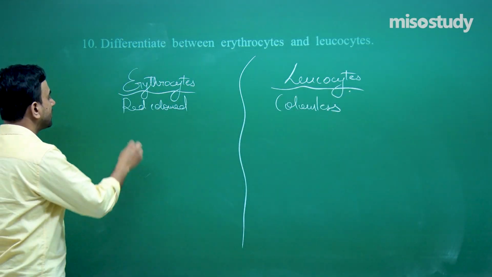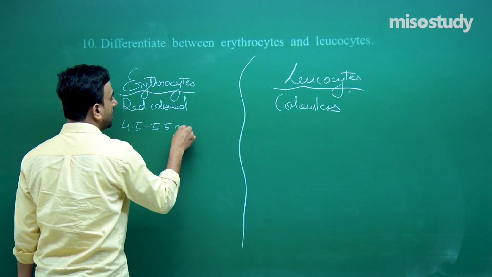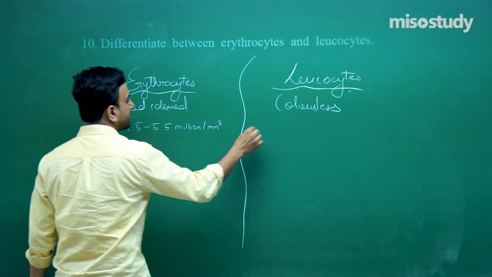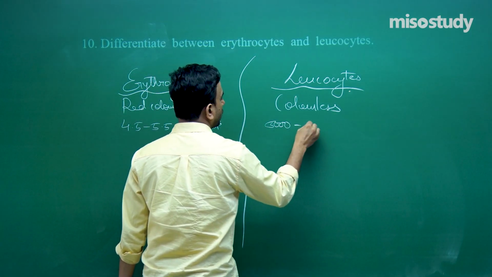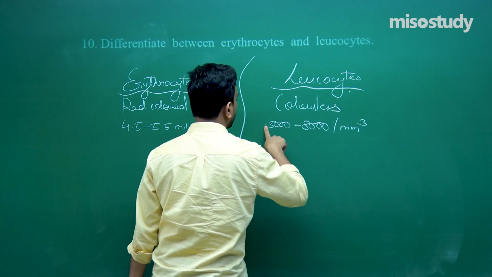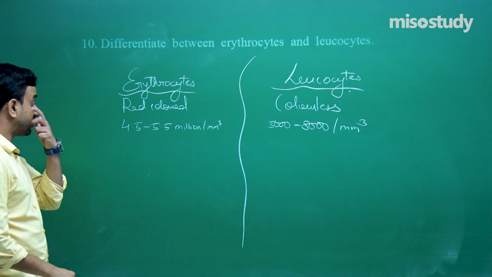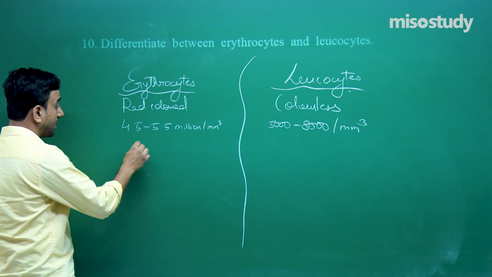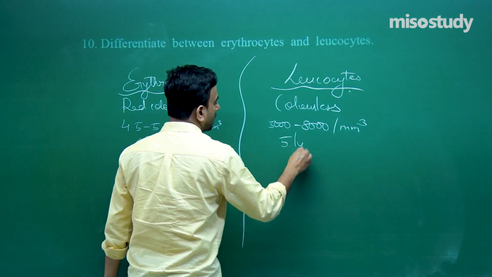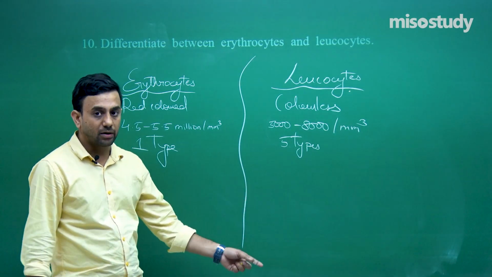How many are these in number? Erythrocytes are 4.5 to 5.5 million per cubic millimeter, and leukocytes are 5,000 to 8,000 per cubic millimeter, right. The erythrocytes are mainly of one type. The leukocytes are of 5 types: eosinophil, basophil, monocyte, lymphocyte and so on.